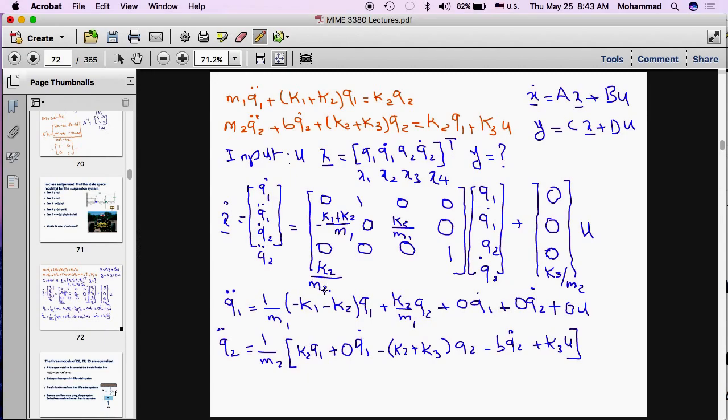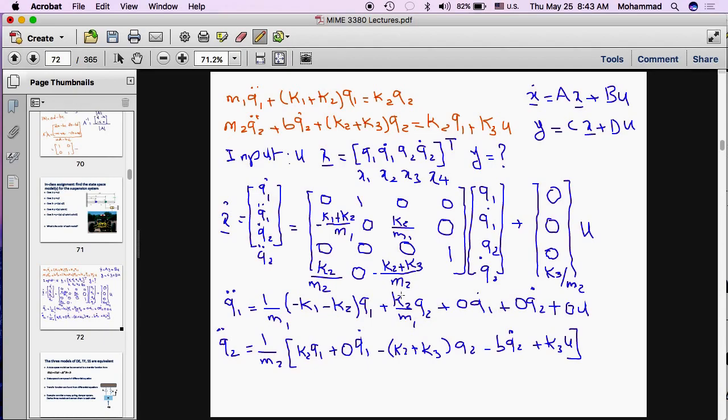Okay, so what is multiplied by Q1 dot? 0. Q2, it is minus K2 plus K3, divided also by M2.